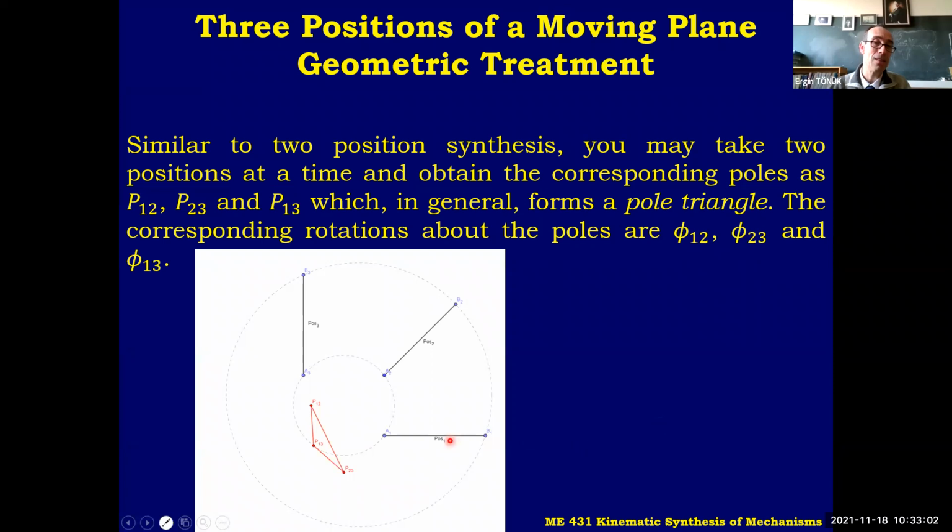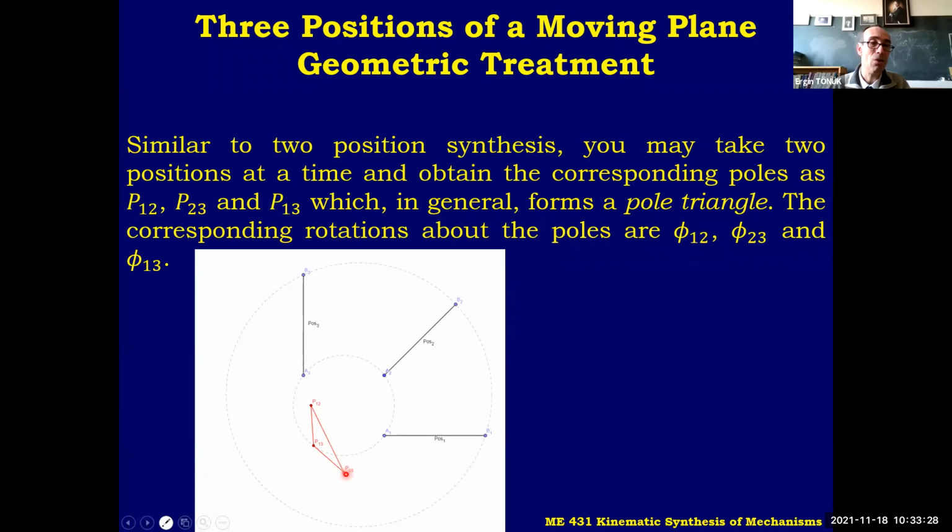Say this is position 1, this is 2, this is 3 somehow. And these are the homologous points. You can draw, or they define actually, 2 circles. And you can put your A0 and B0 at the centers of those circles. That's straightforward, okay? This was what I have told.